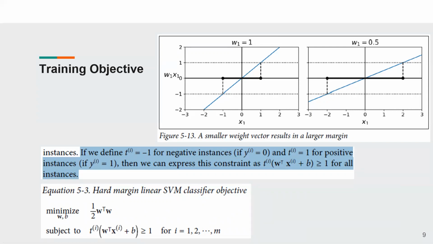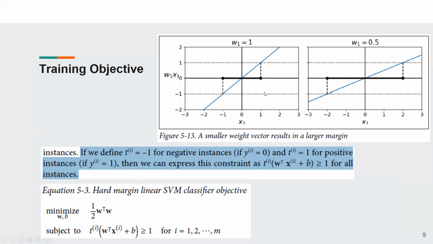what you saw here is that the margin, the distance between those two dashed lines, that's called margin, is actually bigger. Essentially, the distance from here to here would be around 4 units versus here it is only 2 units.